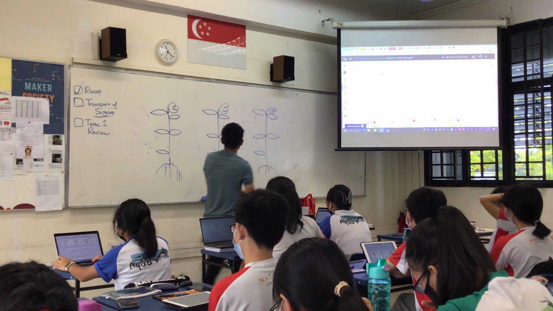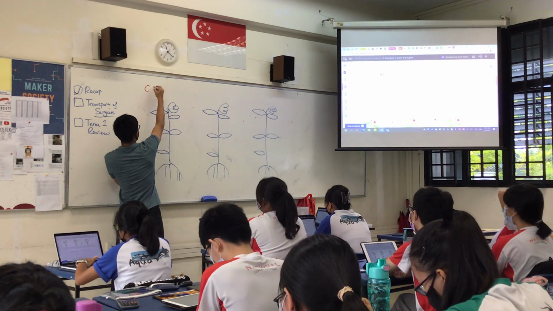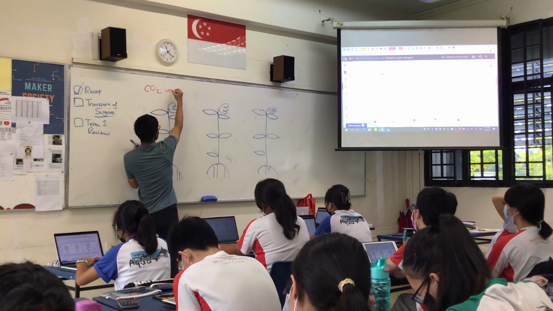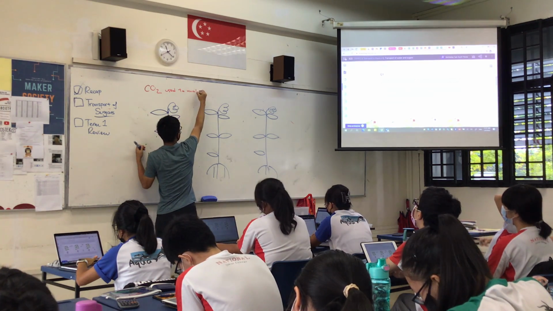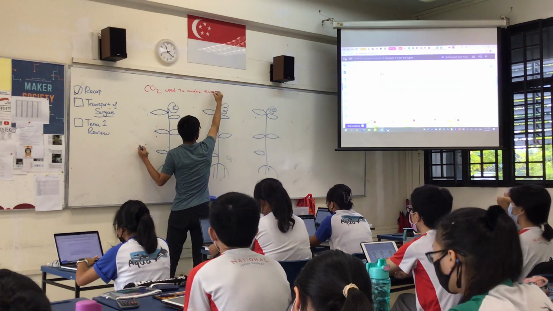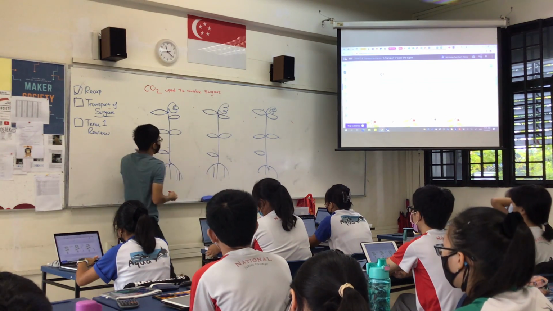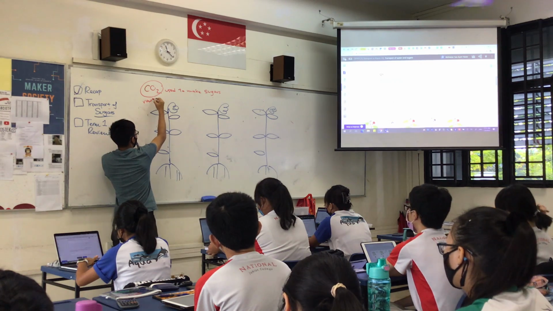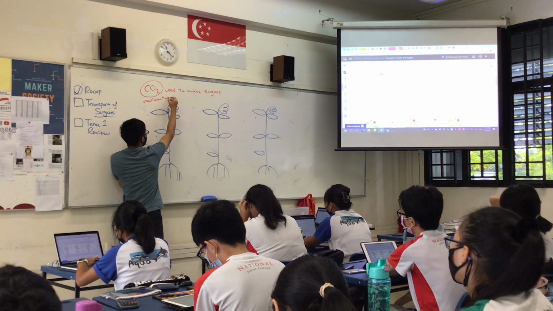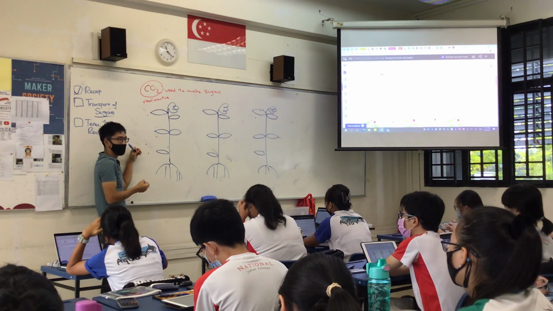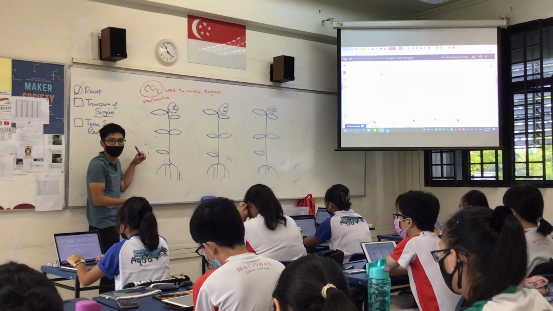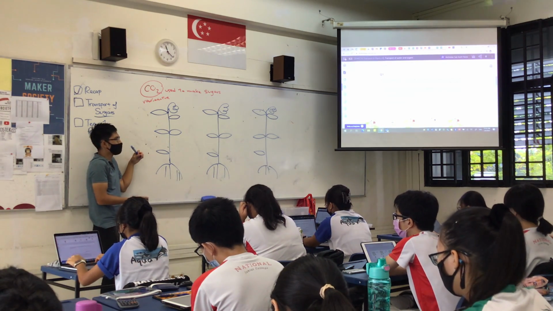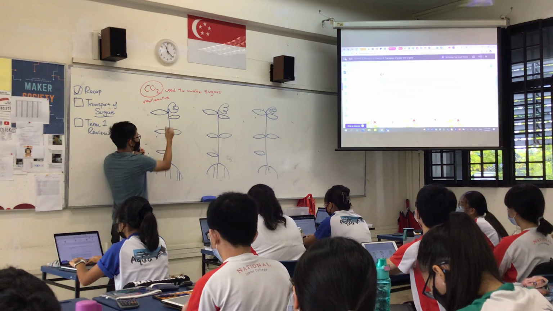So first we must understand that CO2 in the air is used to make sugars. If we can make the CO2 radioactive, or rather we choose isotopes that are radioactive, then we can track its movement inside the plant. So this experiment is an interesting one.